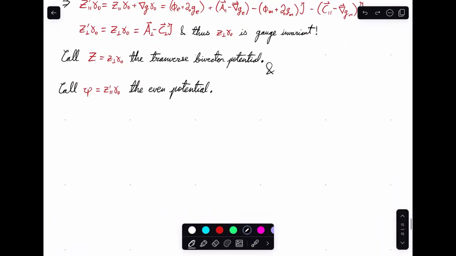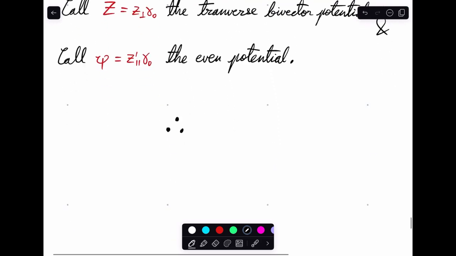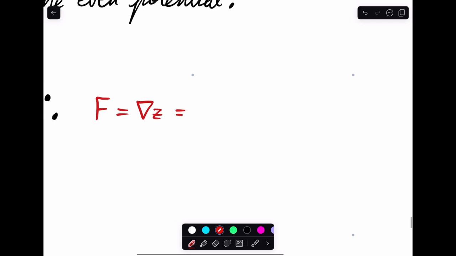So then, if you define these two things, then you can say that F, the bivector field, is equal to the gradient of Z, as we talked about last time. If you expand out Z, and we're going to talk about this with a gauge transformation, you get Z plus some gauge transformation.